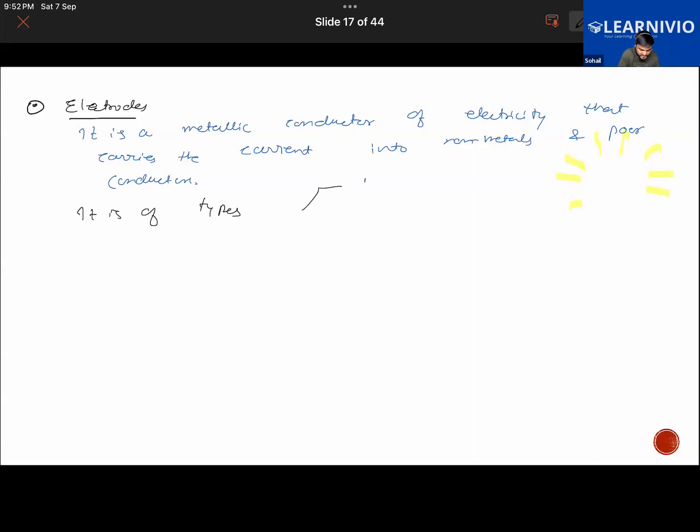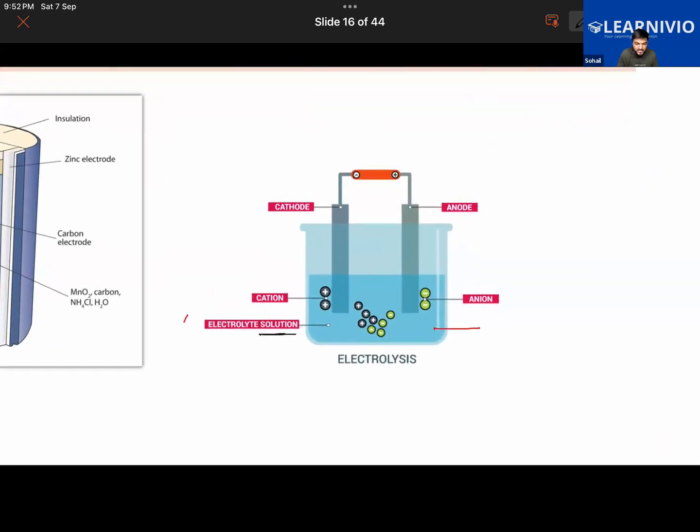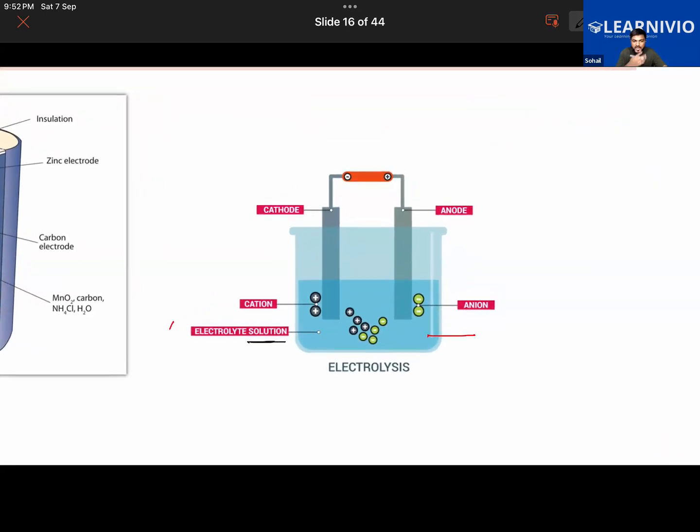The first one is the anode, another one is the cathode. But how is it decided which is anode and which is cathode? Both of them look the same here. The anode is the one that is connected to the positive terminal. Like you can see here, this rod has been connected to the positive terminal of the battery, so it becomes positively charged.